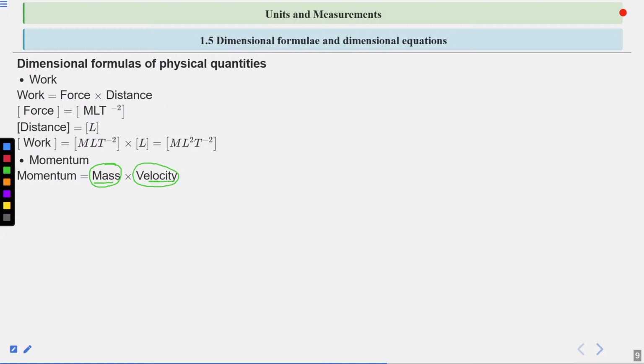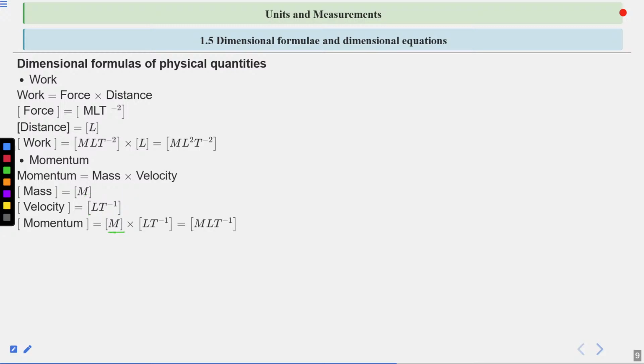Distance upon time. The dimensional formula of mass is only [M], and velocity is distance upon time. The dimensional formula of distance is L, and for 1 upon time it becomes T inverse. So [L T^-1] is the dimensional formula of velocity. So the overall answer is M into L T inverse, so it becomes [M L T^-1]. Clear?